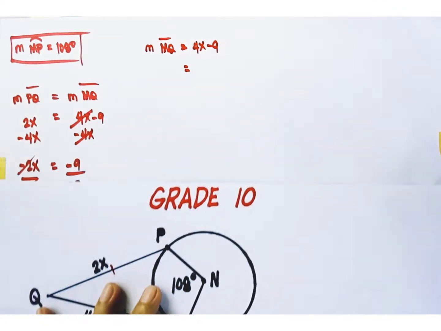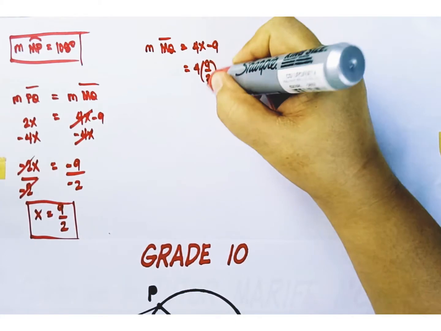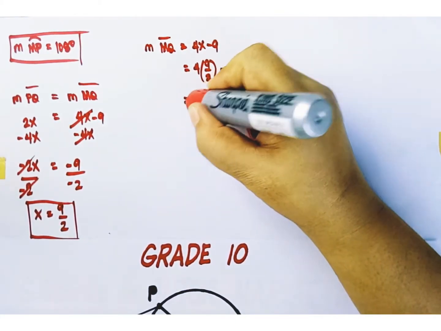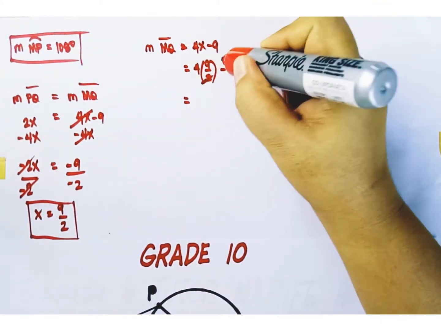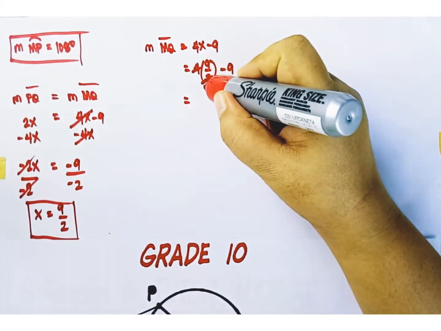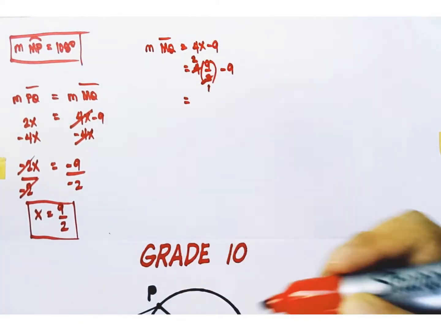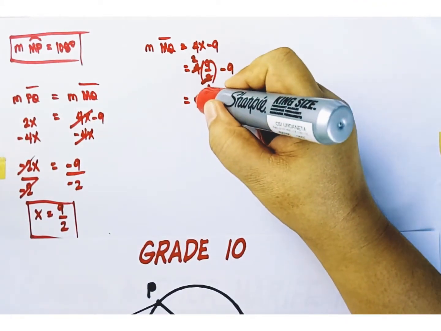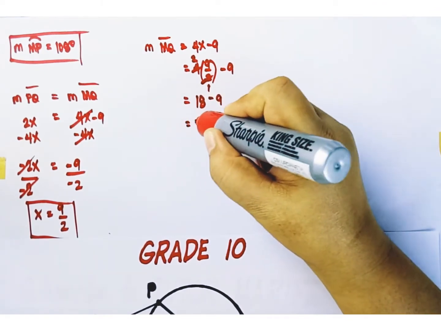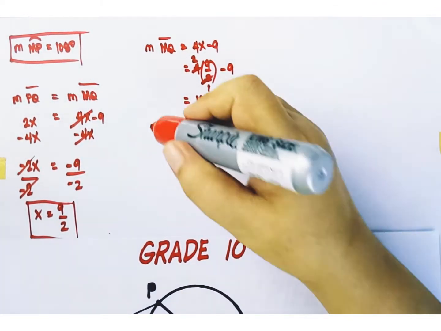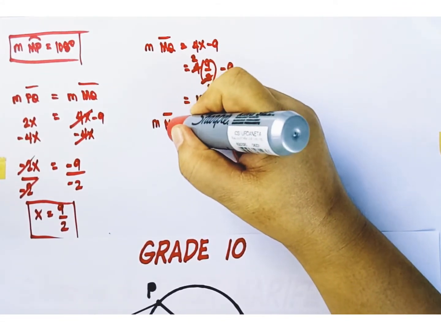Replace x with 9/2. 4 times 9/2 minus 9. 4 times 9/2, cancel before you multiply, reduce by 2. We now have 2 times 9, or 18. Then minus 9 equals 9. This is the length of tangent segment MQ, 9 units.